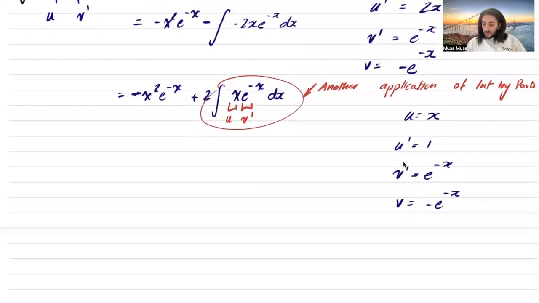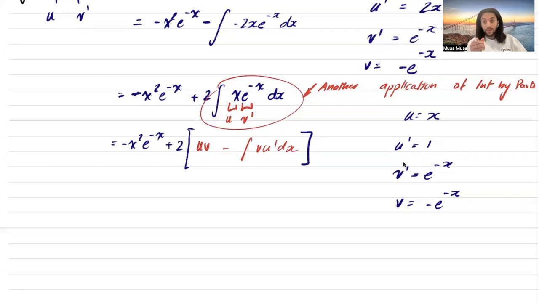Wonderful. Now this is minus x squared e to the minus x plus 2. Now that goes to the entire thing. That goes to the uv minus integral of vu dash. Be careful with these pluses and minuses because oftentimes that's where people make the mistakes. You forget to expand the 2 to everything, or you forget that if there was a minus there, that minus goes to the entire rest of the integral.